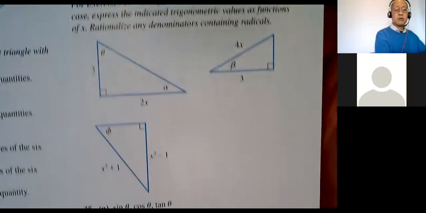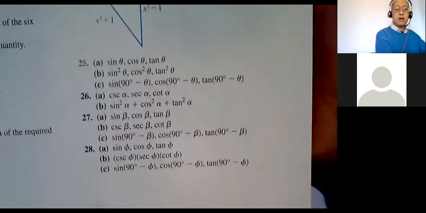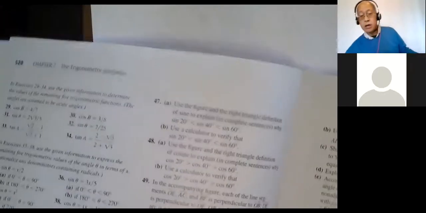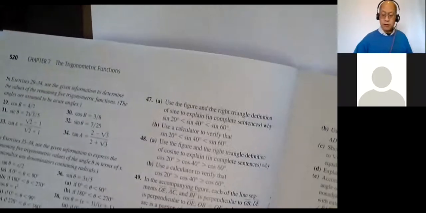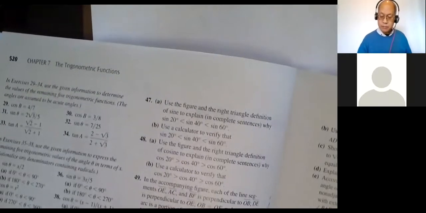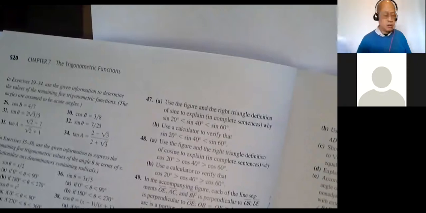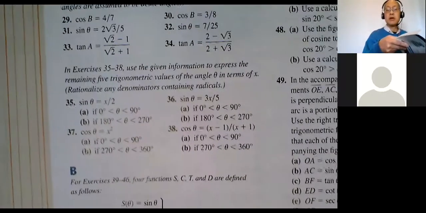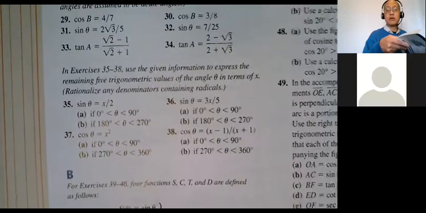And there are a few more triangle problems, 25, 27, and some more on the next page. We're supposed to go to 37: 29, 31, 33, 35, 37.